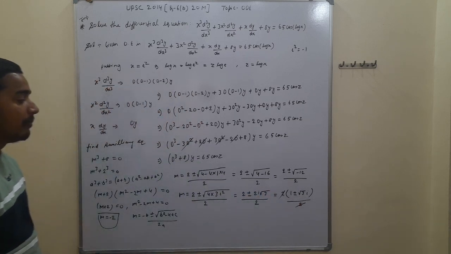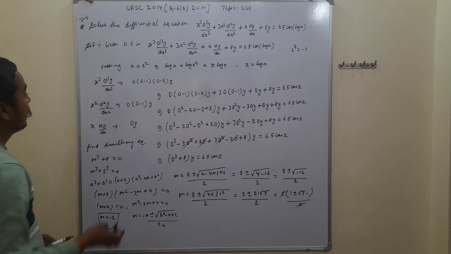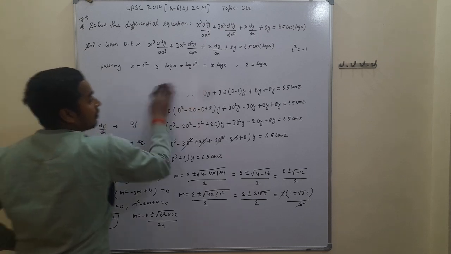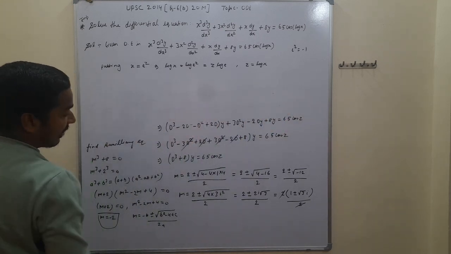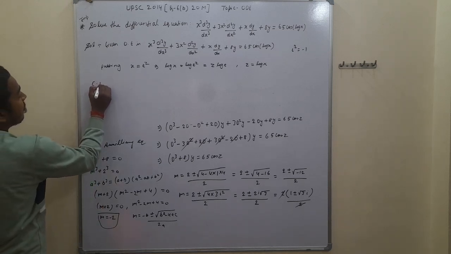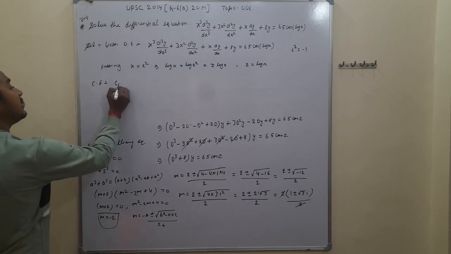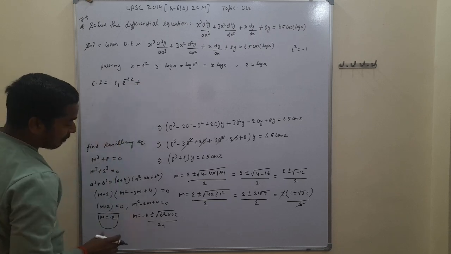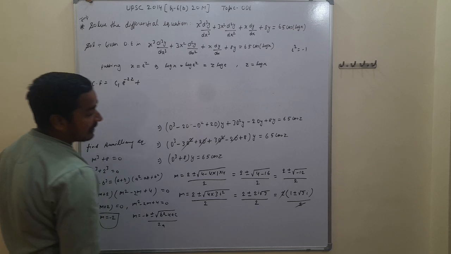So we have to write the complementary function first. Complementary function is written as, here the real root is m is equal to minus 2. So we have to write c1 e to the power of minus 2z, and plus, we have to write the complementary function for complex roots.